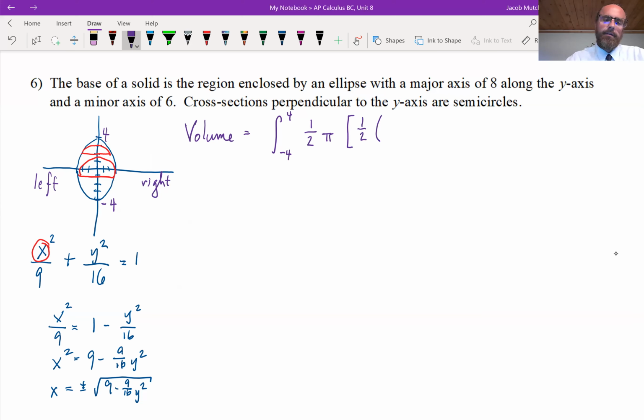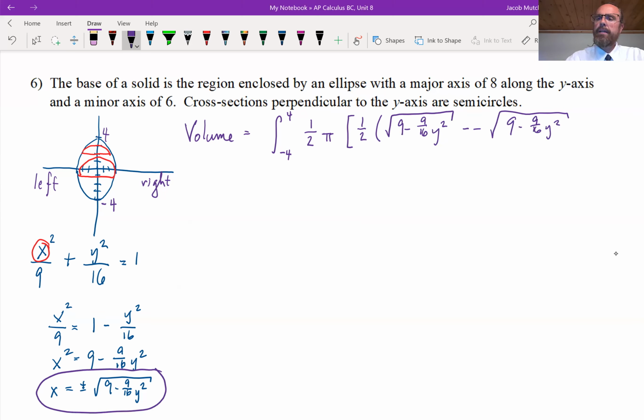So that's going to be from my equation that we just wrote here. I'll circle it down below. So the right side's the positive version. So that's the square root of 9 minus 9 over 16 y squared minus negative, this is the left side, square root of 9 minus 9 over 16 y squared.